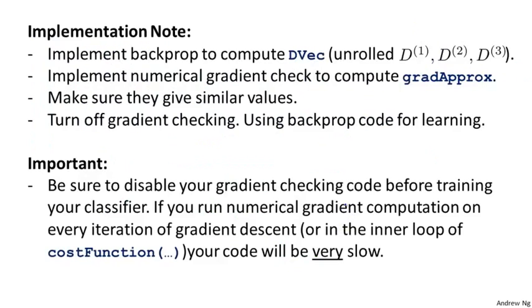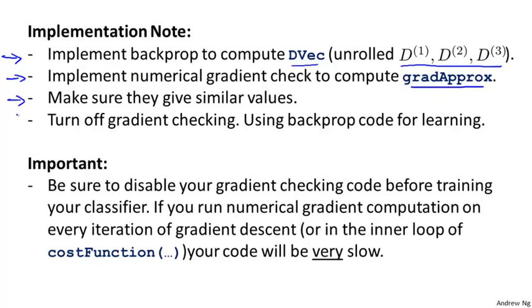Finally, I want to put everything together and tell you how to implement this numerical gradient checking. Here's what I usually do. First thing I do is implement backpropagation to compute dvec. So this is a procedure we talked about in the earlier video to compute dvec, which may be our unrolled version of these matrices. Then what I do is implement numerical gradient checking to compute grad approx. So this was what I described earlier in this video on the previous slide.